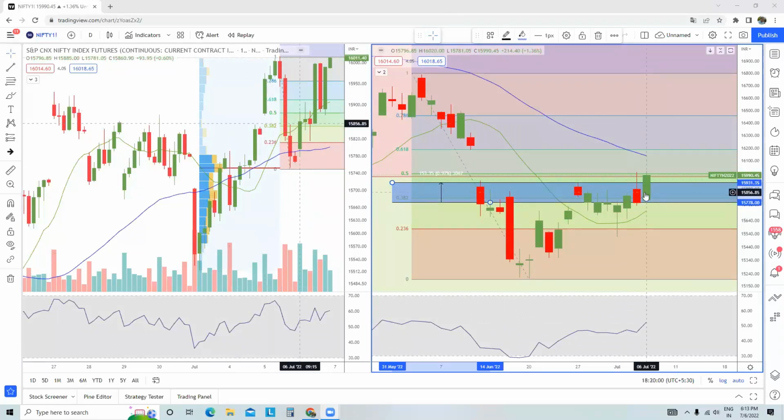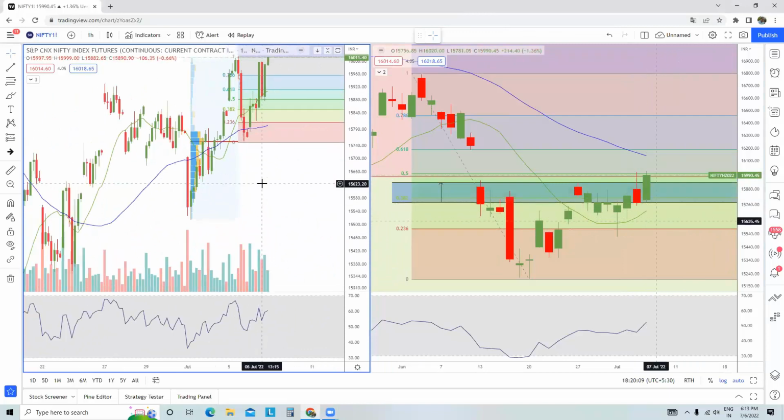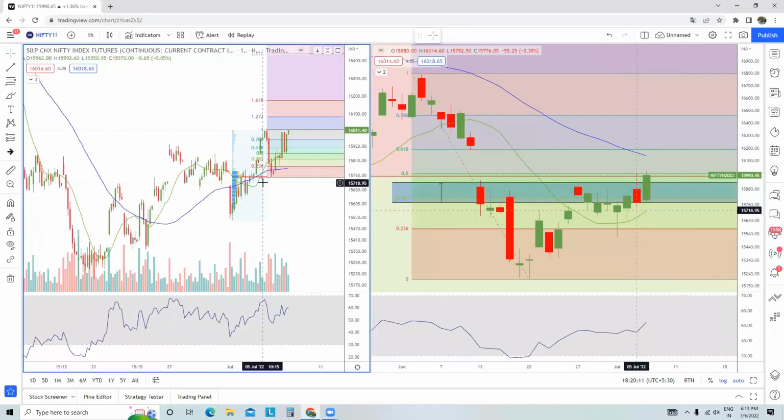So a short-term trader or possibly even an intraday trader would have got a lot of opportunities in these up and down moves, but when you're trading, obviously you'll keep a stop loss. So the stop losses and targets both have, I think, gone higher due to this higher volatility.